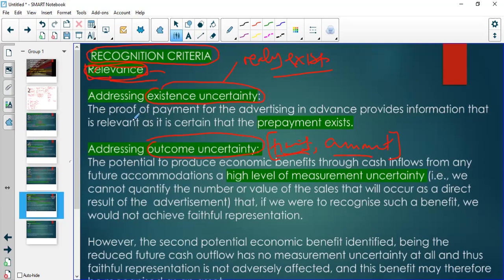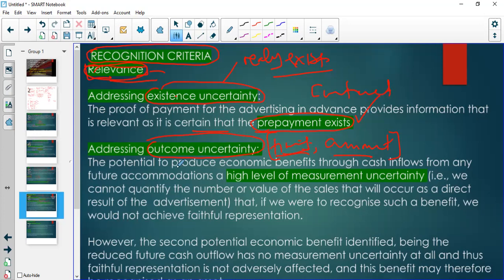If we look at existence, we actually have a contract in place that was signed and a payment was already made. So the prepayment actually exists. The prepayment is valid, so there is no existence uncertainty. We have cleared that concept of existence uncertainty.